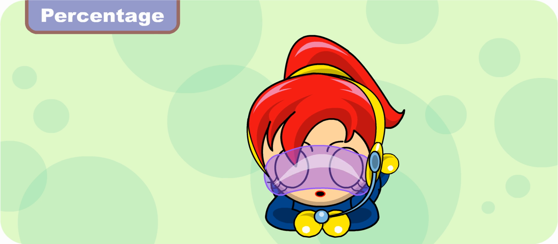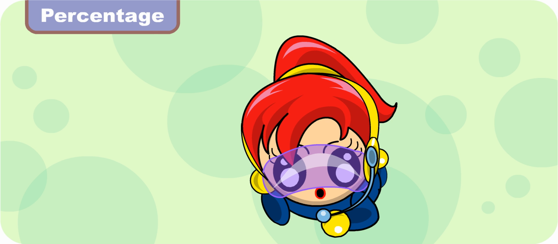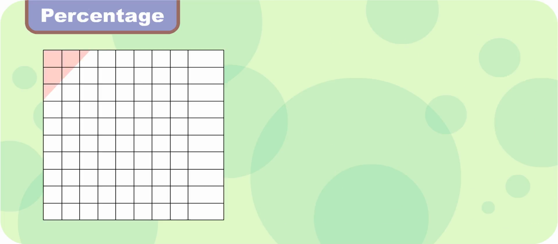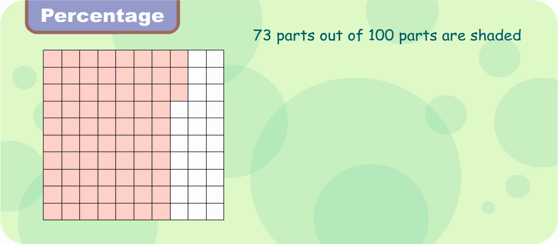Okay, I think I know now. Ask me a question to test me. If a square is divided into 100 equal parts and 73 parts are shaded, can you tell me what fraction of the square is shaded? Since 73 parts out of 100 parts are shaded, I know that 73 over 100 of the square is shaded.